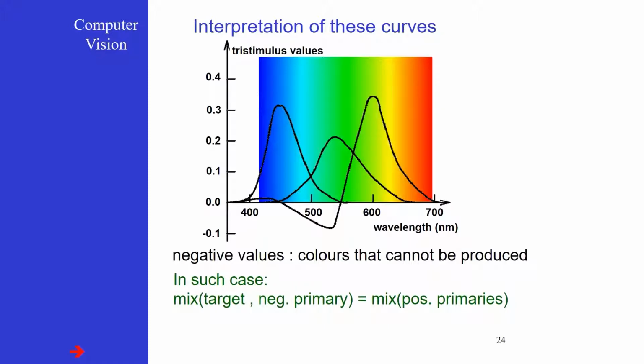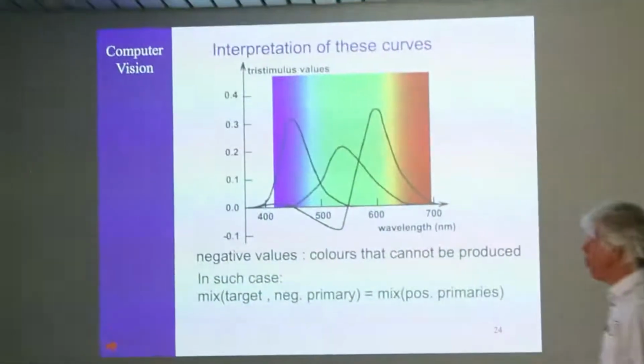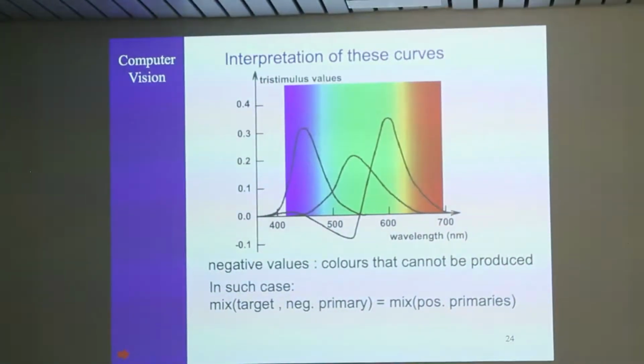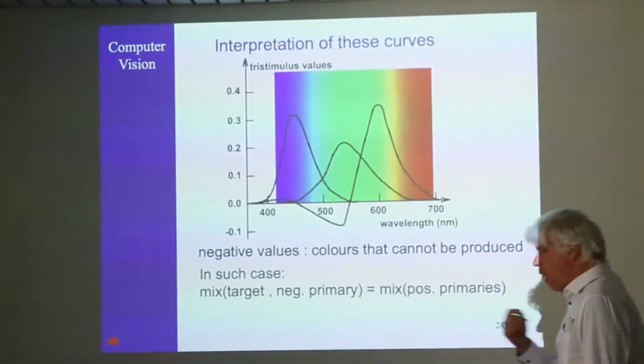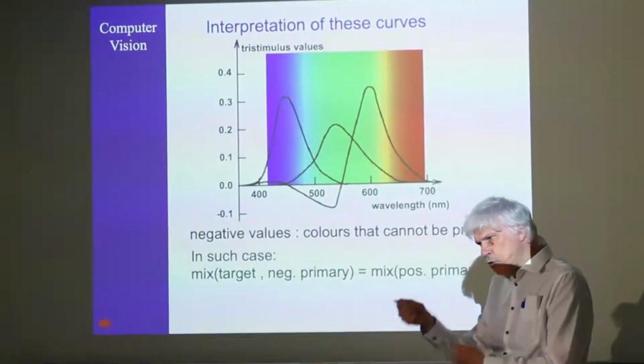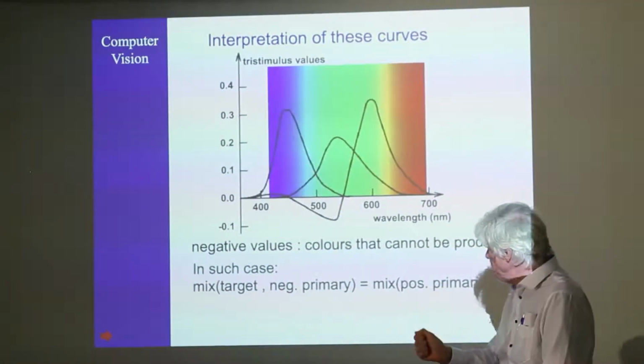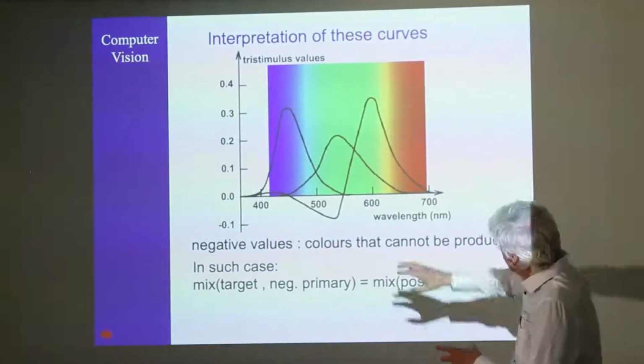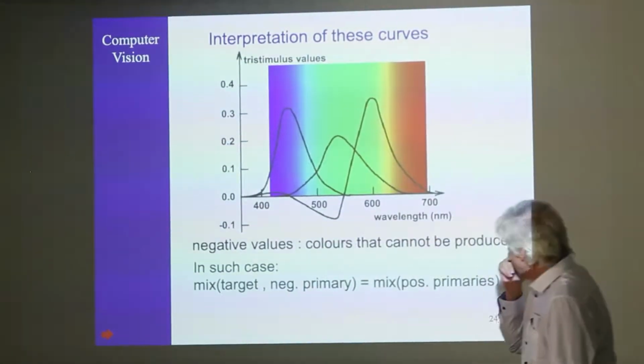But why do we have a value? Why is there not just a big question mark here? Well, because in that case, people try to do the following. You have a target, the monochromatic light source with a certain wavelength that you want to mimic, and you have the 3 responses here. Right?